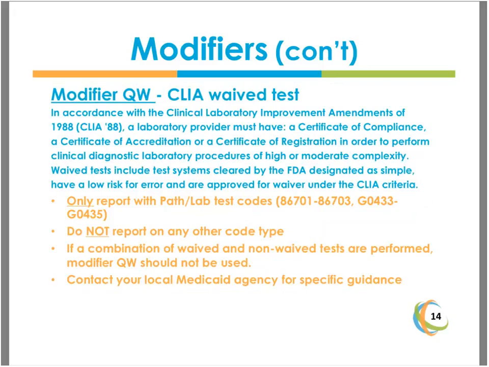The second modifier that's used on your path lab HIV test screening codes is Modifier QW, CLIA-waived test. And so again, here's just some information on what a CLIA-waived test is. The Modifier QW is only reported on path lab test codes. And here in parentheses, I provide the codes that you can report Modifier QW with.